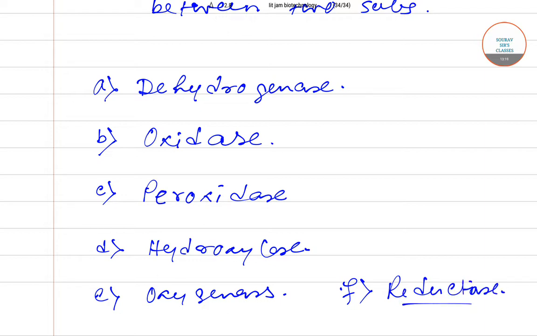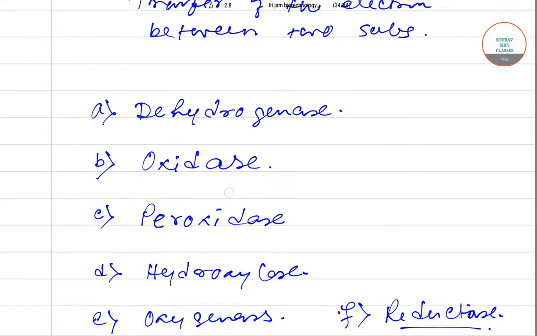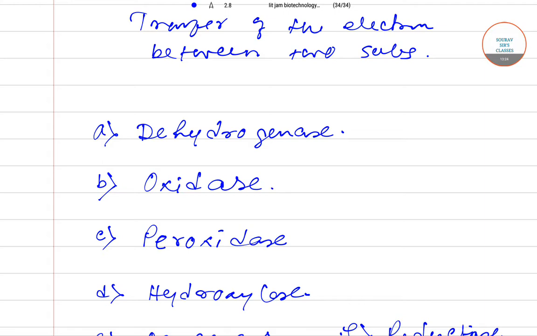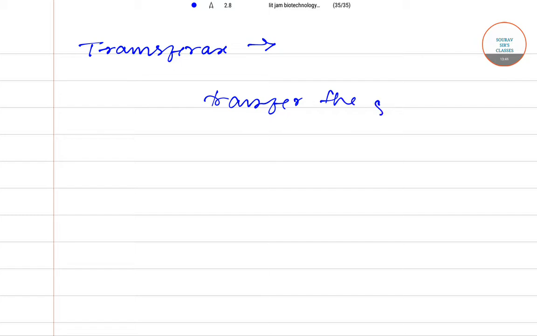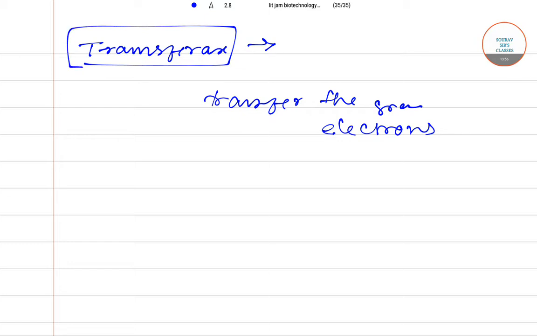And remember one thing, when we are giving a name to an enzyme, the second class is transferase. Transferase is the enzyme catalyst that transfers a group between a pair of substrates. Electron transportation is done by the enzyme transferase.